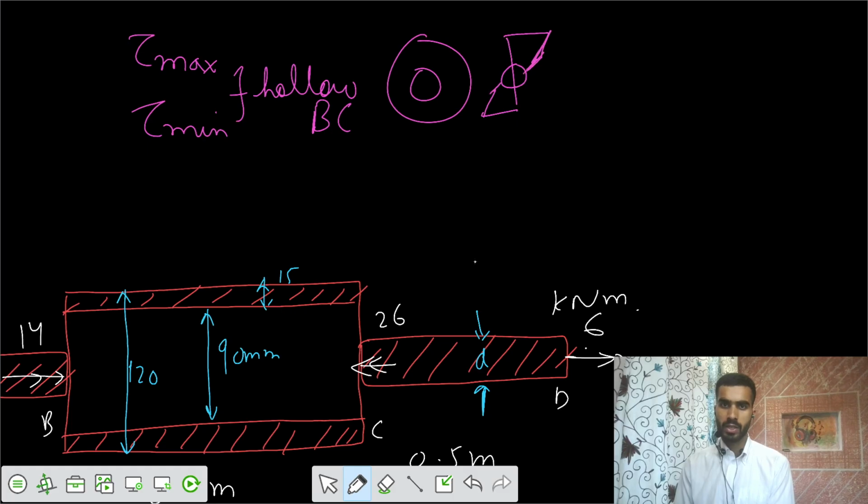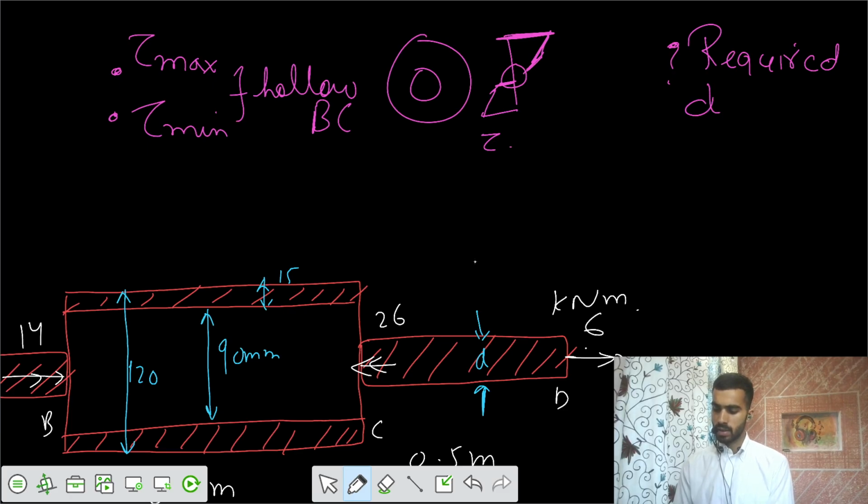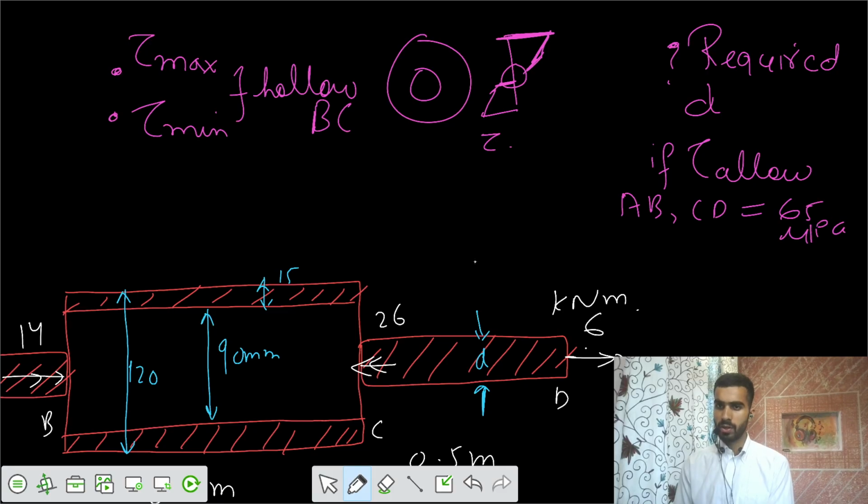We have this variation, some tau minimum and some tau maximum. You also need to get the required diameter d, if the allowable shear stress in both AB and CD is 65 megapascal. That means tau max allowable in those two shafts is 65 megapascal.